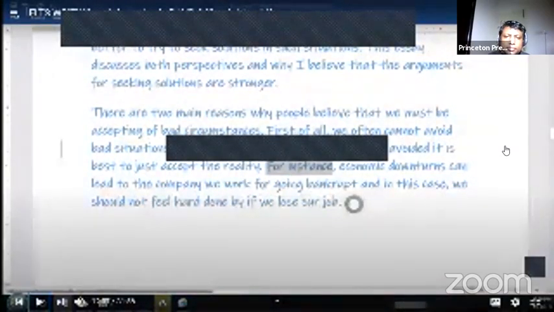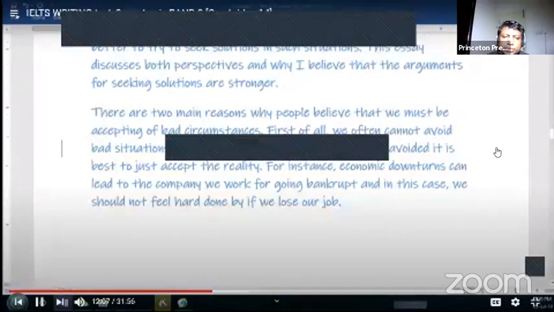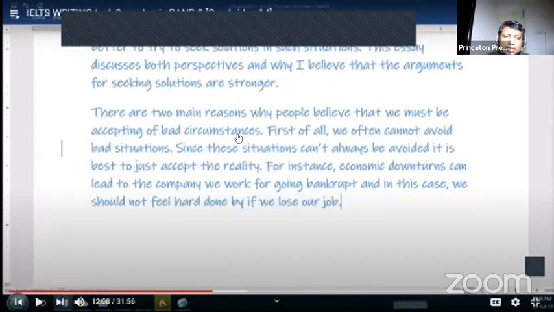Let's now look at the second. You know, this is the topic sentence. If you read this sentence, we know they are going to give two ideas. First of all, this is a linking word. And this is the first topic sentence, and this is the explanation.